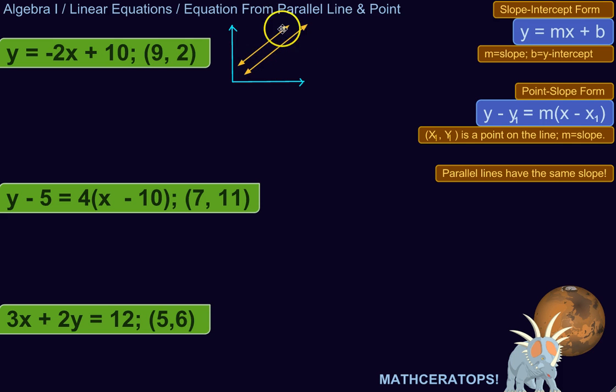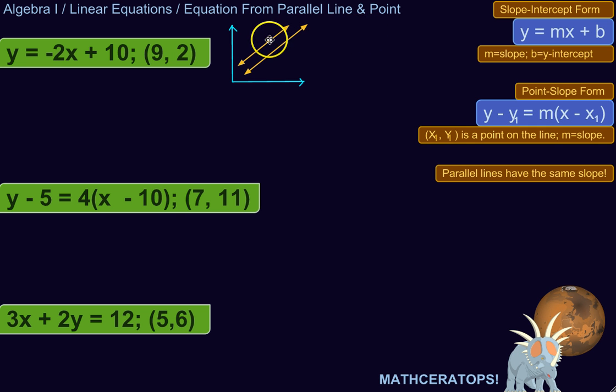So what do you notice about the slope or the steepness of these lines? Well, they have the same steepness. They have the same slope. So parallel lines will have the same slope. But they won't occupy the same points. In fact, they'll never occupy the same point because they don't cross.